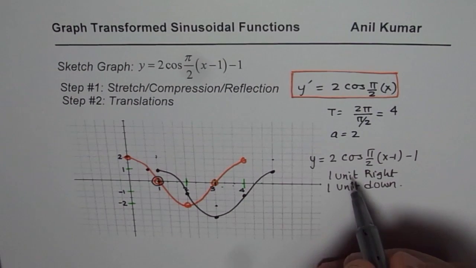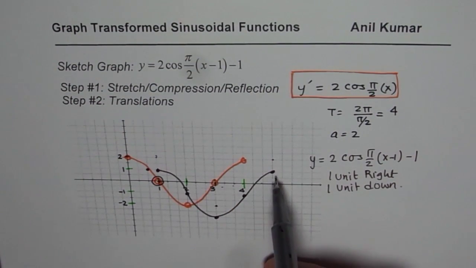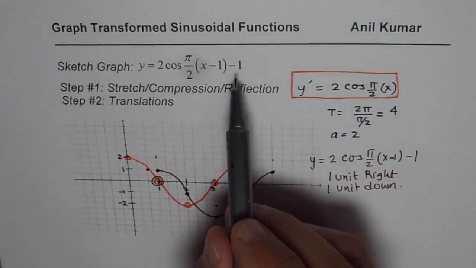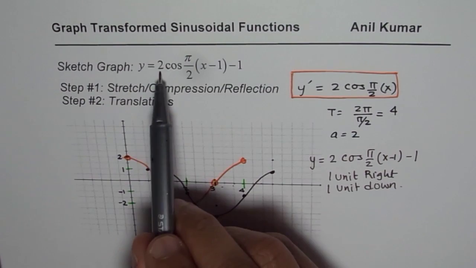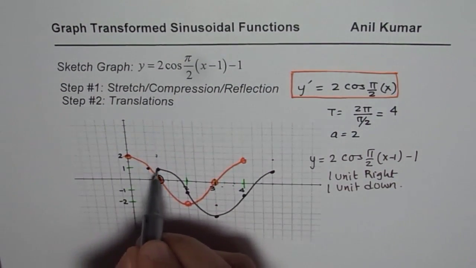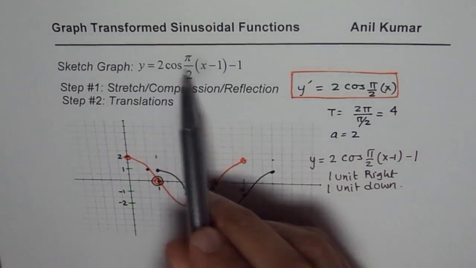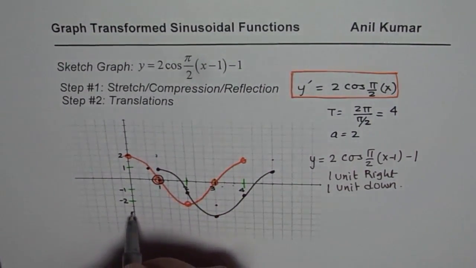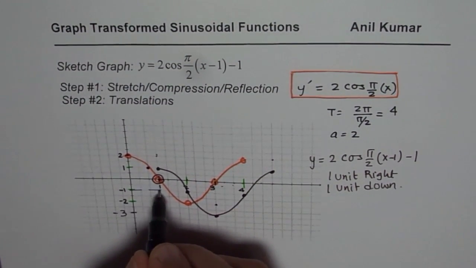As a check, we should check the domain and range for one cycle. As far as the range is concerned, the maximum should be 2 minus 1, which is 1. That is the maximum value. The minimum value will be minus 1 minus 2, that is minus 3. The axis is minus 1, so let us sketch the axis at minus 1.